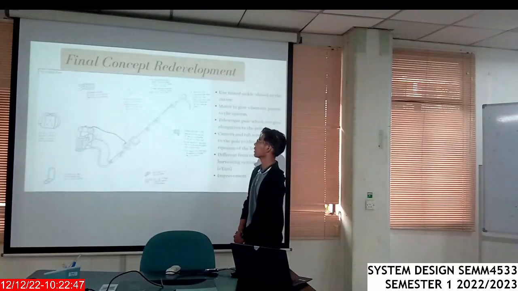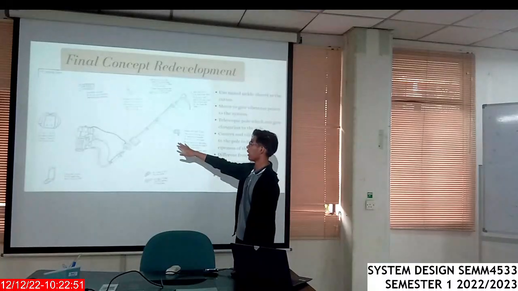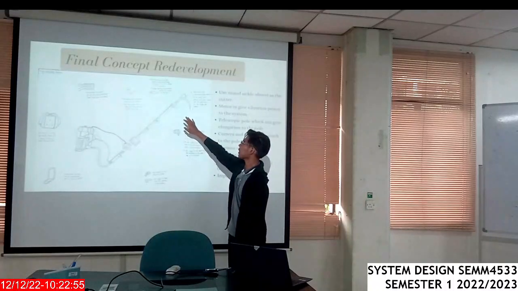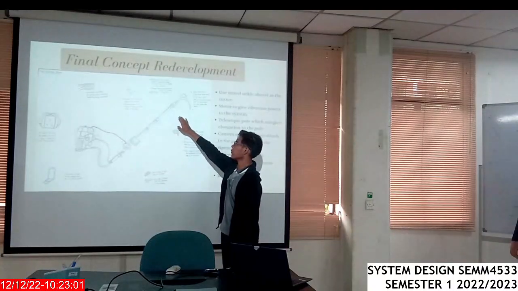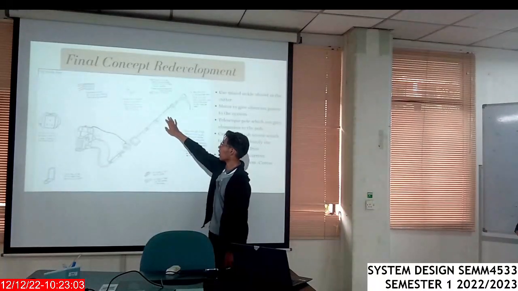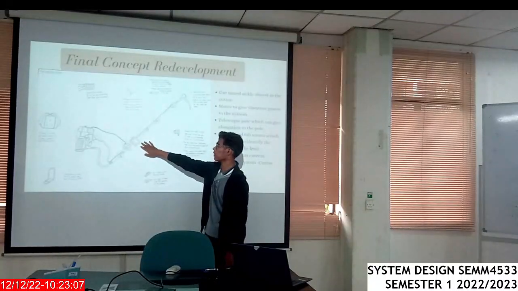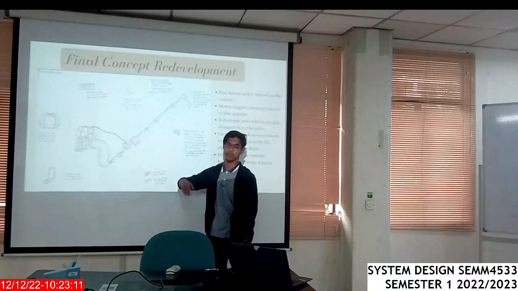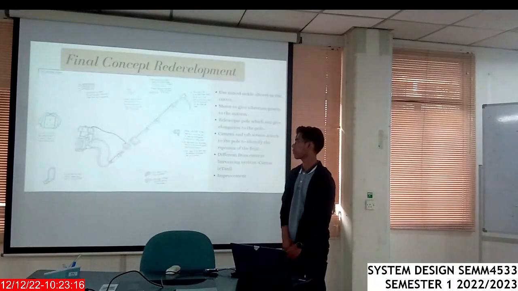For the monitoring system, we use a camera and touch screen attached to the pole. The camera will identify the color of the fruit, which is transferred through wire to the touch screen, and from here we determine the color and identify the redness of the fruit.